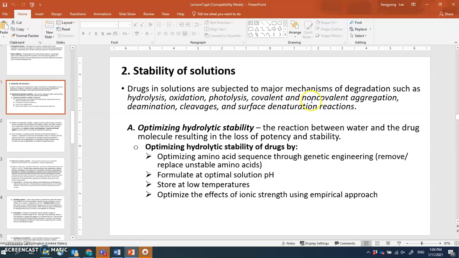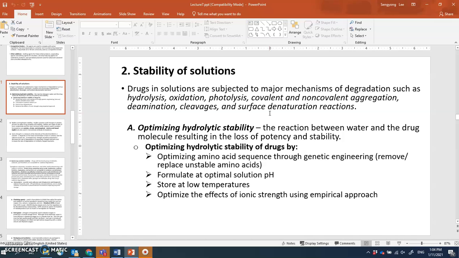Then covalent and non-covalent aggregation: by forming covalent and non-covalent bonds, your API will aggregate, kind of randomly forming big chunks of garbage. Deamination, where an amino group is taken off from your API. Cleavage, just cutting up your API molecule at a random site. And surface denaturation reaction, like I said, the drug can be denatured at the surface if it's not stabilized. So those are the main causes of instability of your drug API molecule.